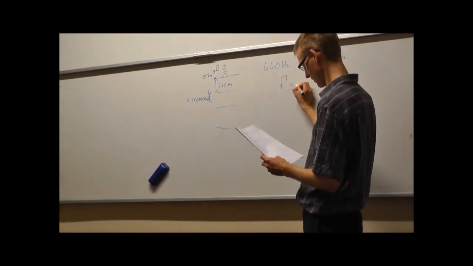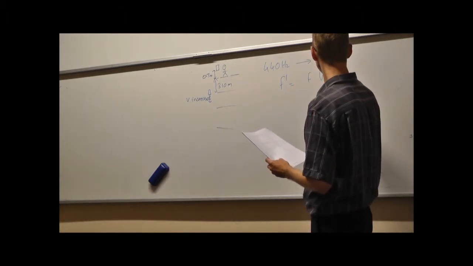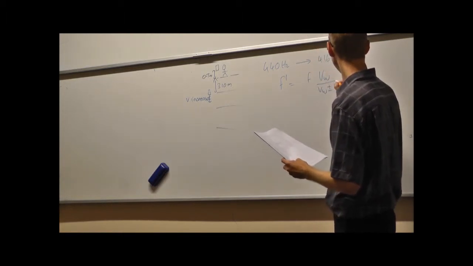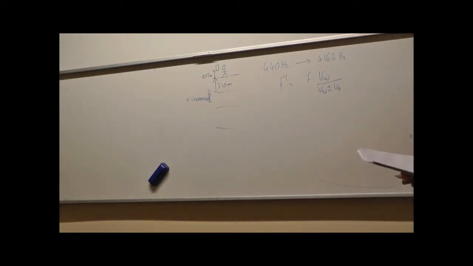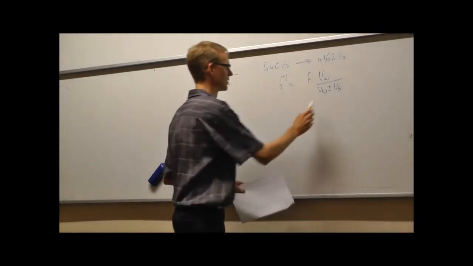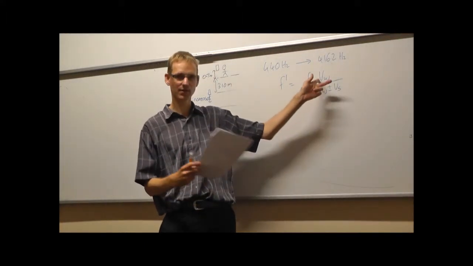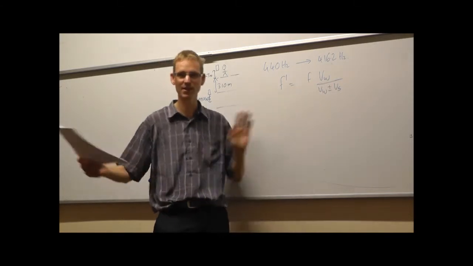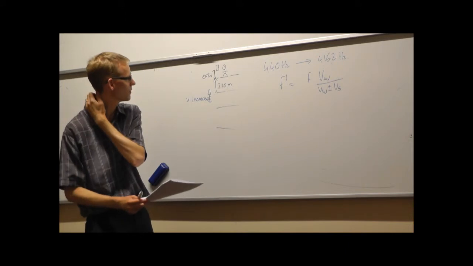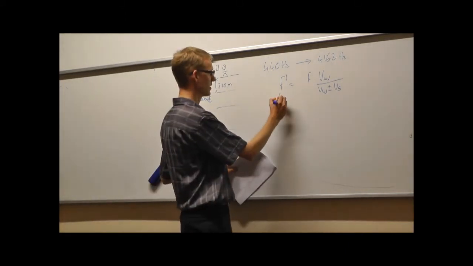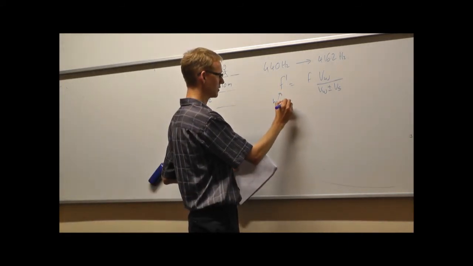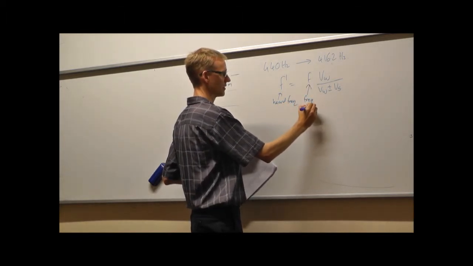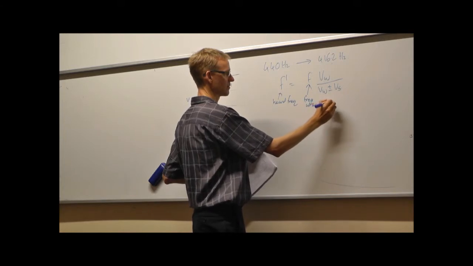F prime equals F Vw over Vw plus or minus Vs. So velocity of the wave over the velocity of the wave plus or minus the velocity of source, depending on whether it's going towards us or away from us. So this is the heard frequency. This is the frequency when Vs equals 0.